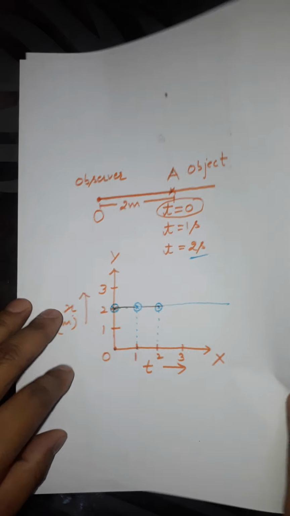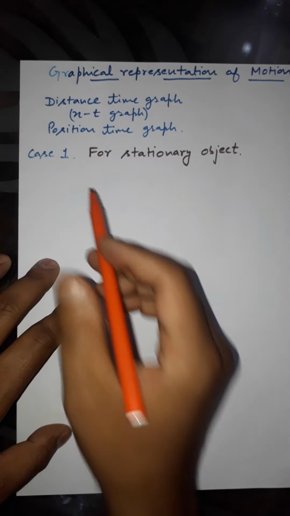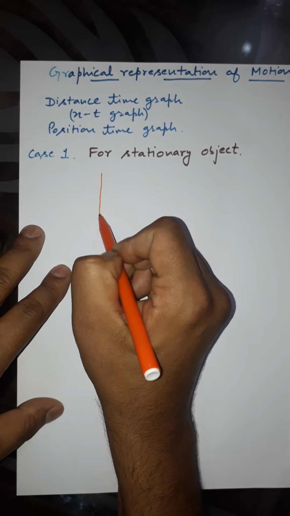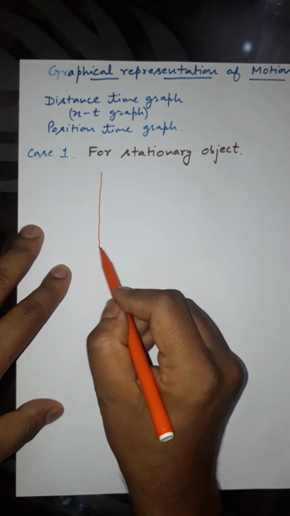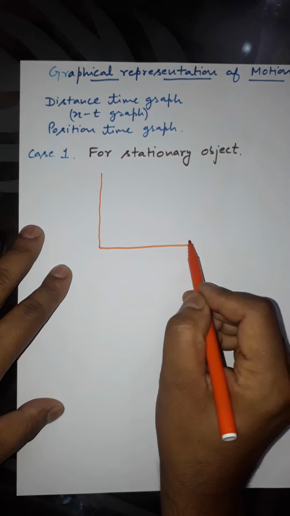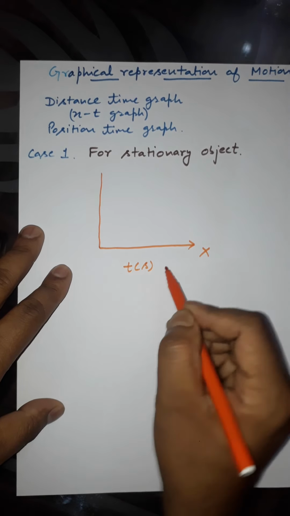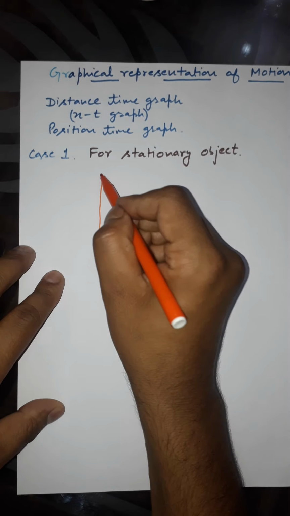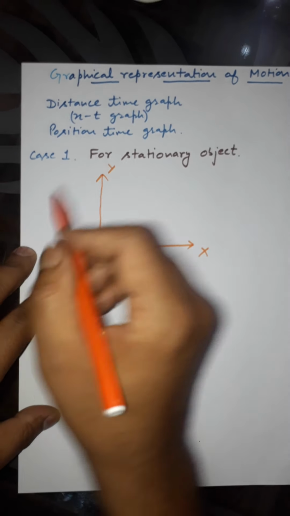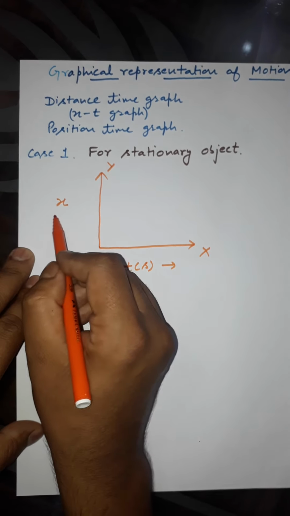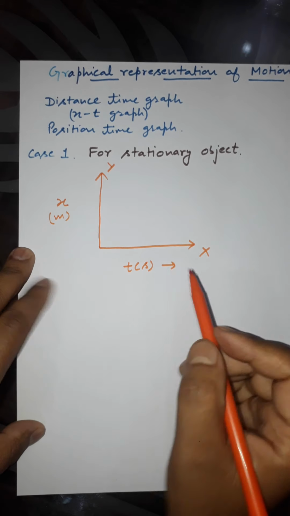Okay, so let us draw this graph here, a graph for the stationary object. So along x-axis we will take time which is in second and along y-axis we have distance which is in meter.